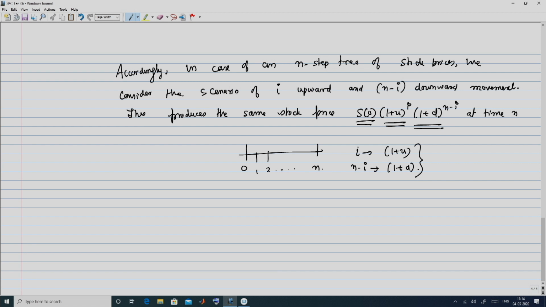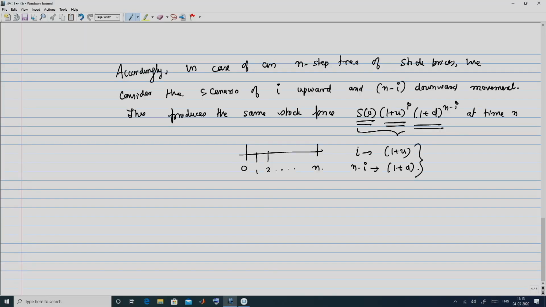to n. So, this means that if I is equal to 0, that means that right from the beginning to the end there is going to be no upward movement, and it is going to be all downward movement. If I is equal to 1, that means from 0 to n you will have only one upward movement at some single time step, and for the remaining time steps you will just have all downward movements and so on.